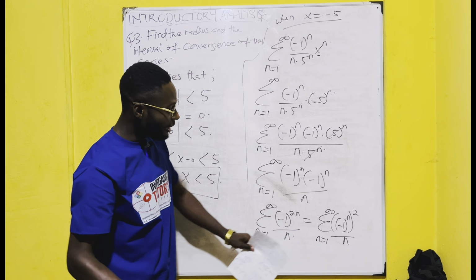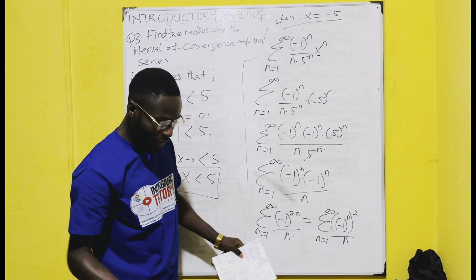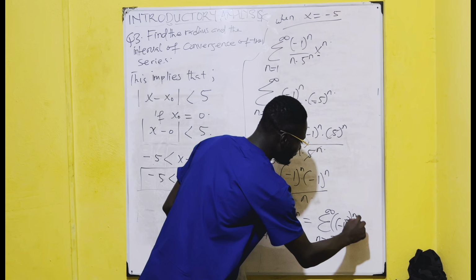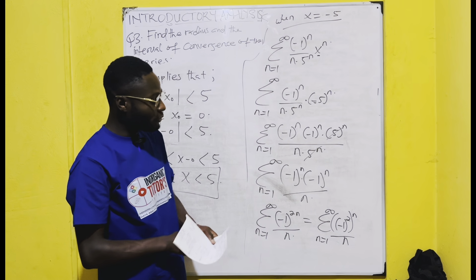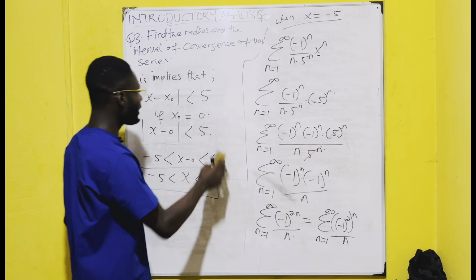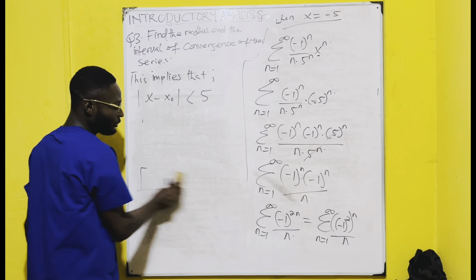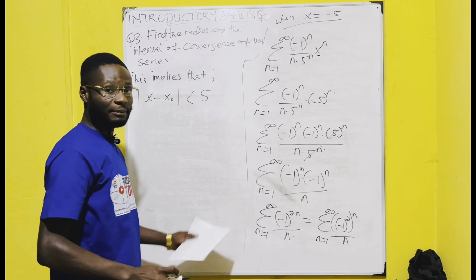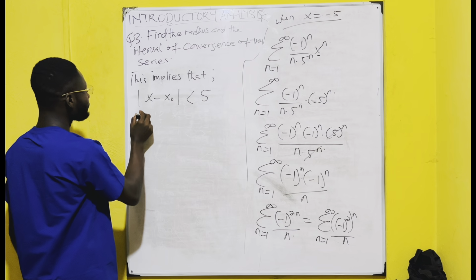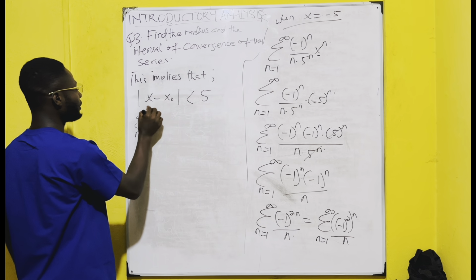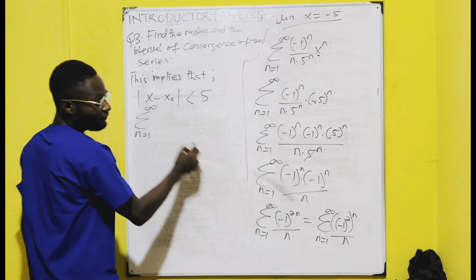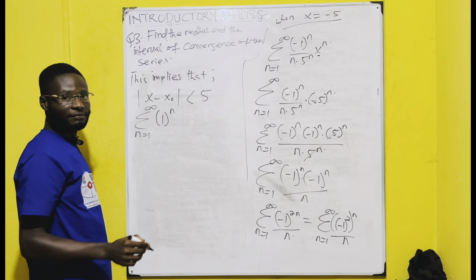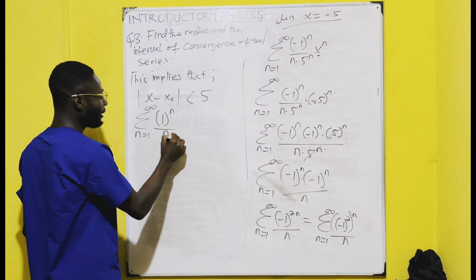So now that we have been able to do this, we know clearly that everybody knows that a negative number squared will result in positive, right? So we have summation n equals 1 to infinity of -1 squared becomes +1, then to the power n divided by n.